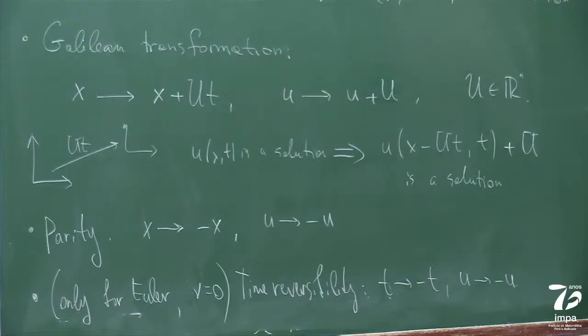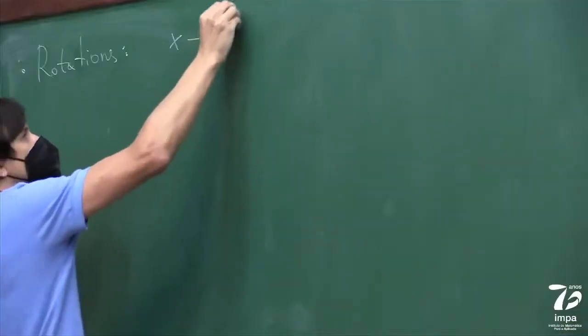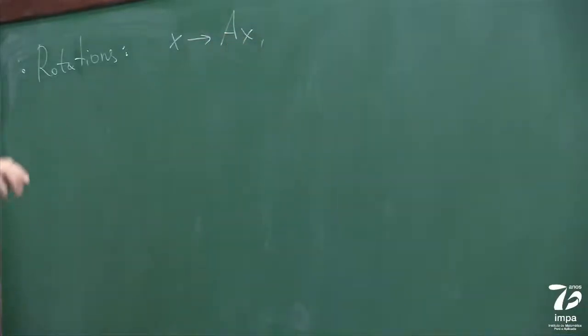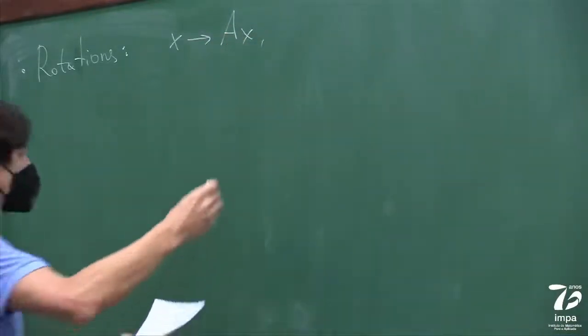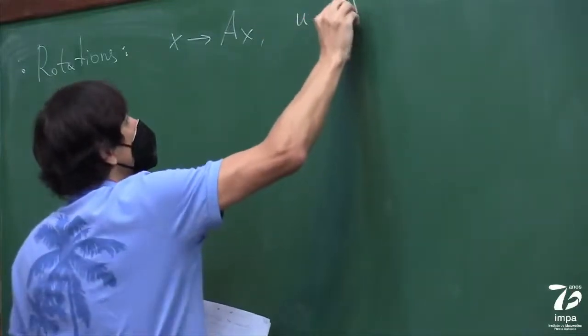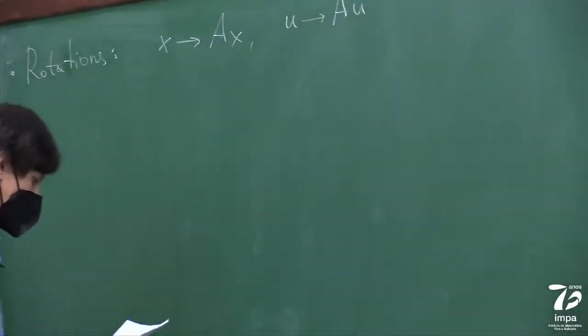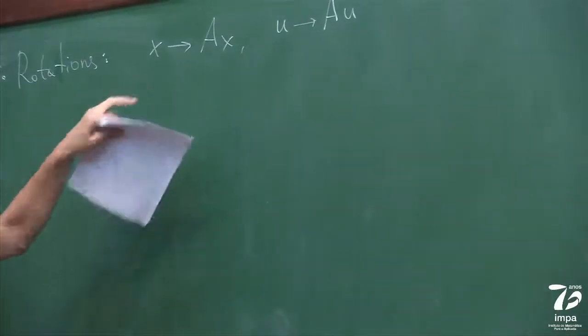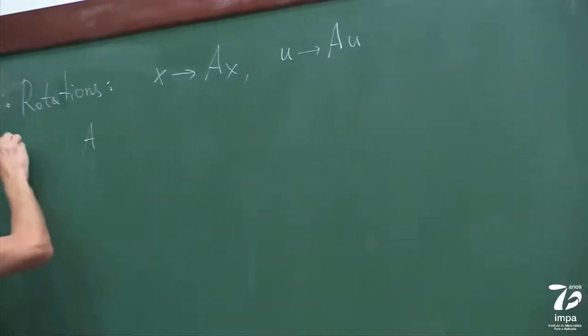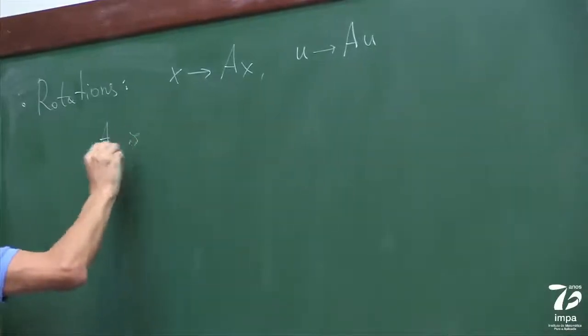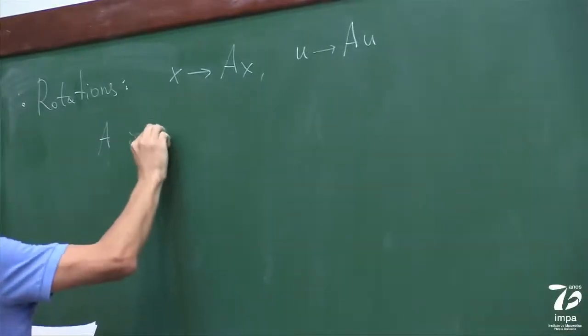Then there are rotations. How do you define rotation? Rotation is always defined through an orthogonal matrix, so Ax. And when you rotate coordinates, you also have to rotate velocities. So rotation means that A is a matrix of rotation.